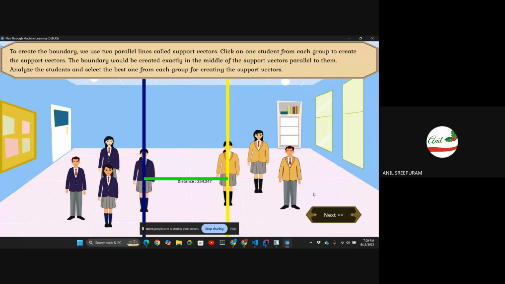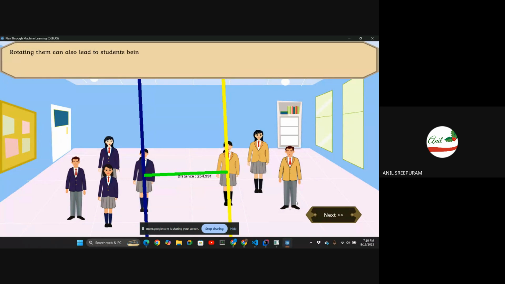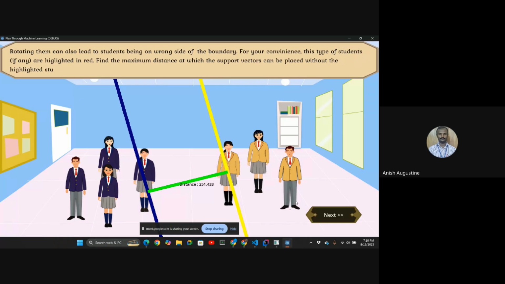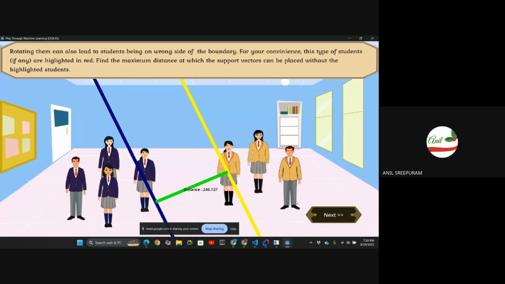Christy, can you rotate? So please see, when you rotate this line, the perpendicular distance between the two support vectors is actually changing. Now it is 249, 247, 246, actually decreasing.